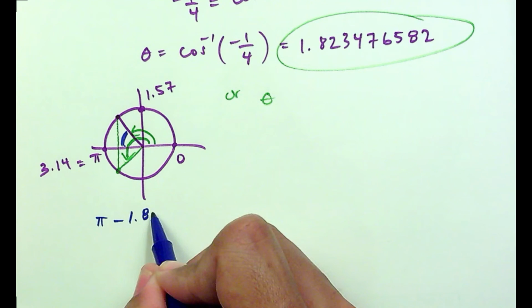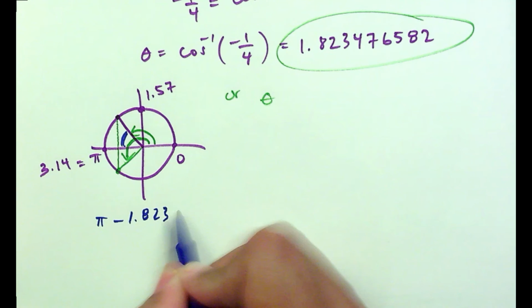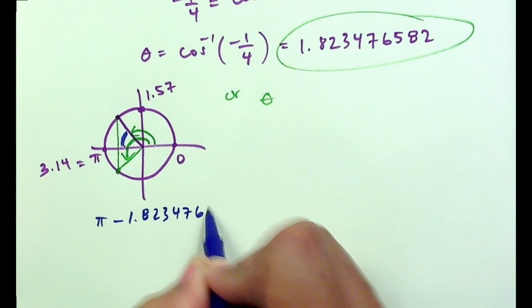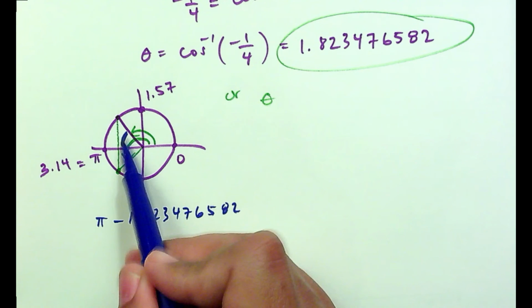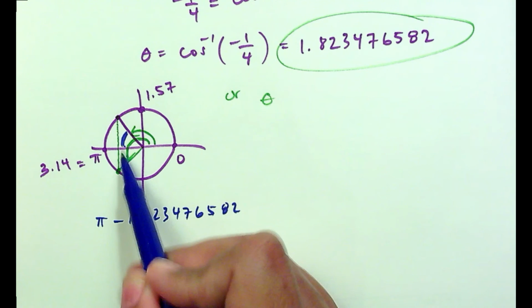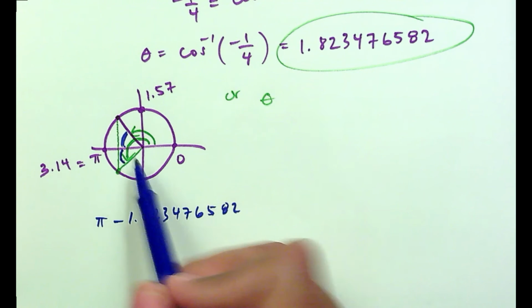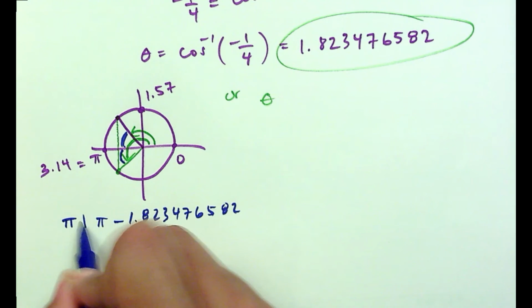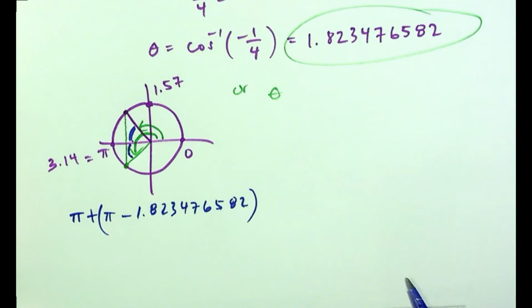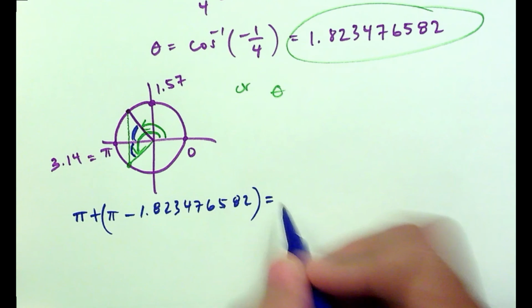So pi minus that. And this is the blue part. Once I have that, that is the same as this. That is the same as that. So if I add it to pi, I get the answer I'm looking for.